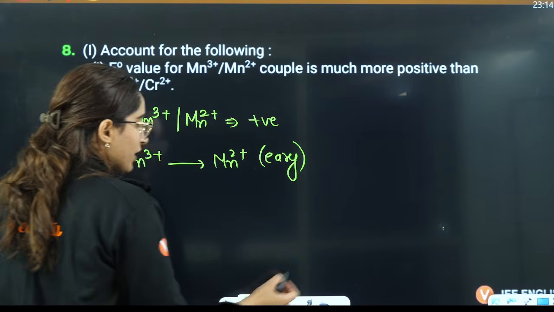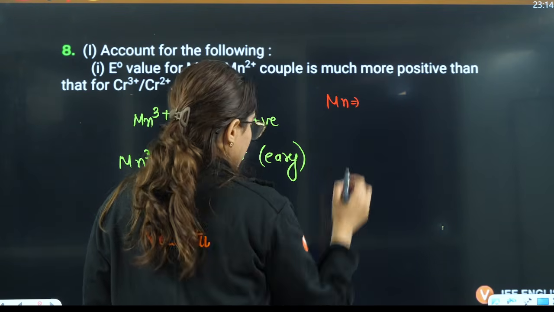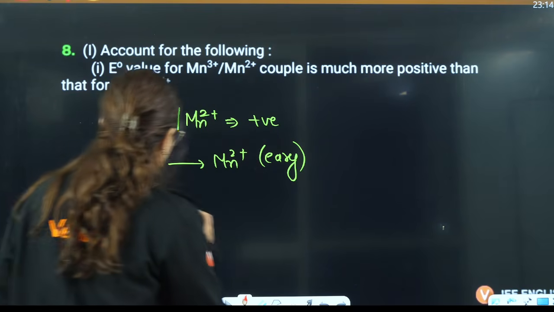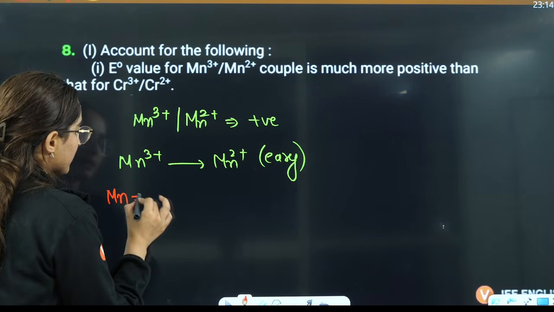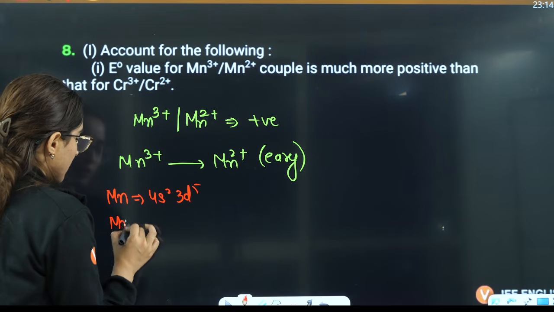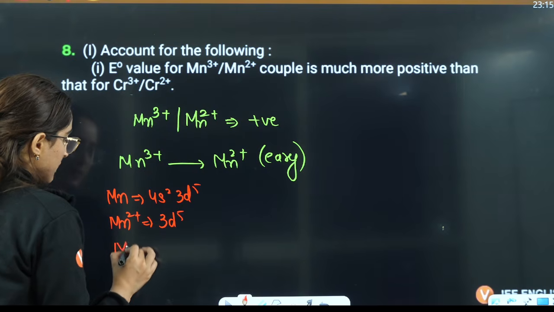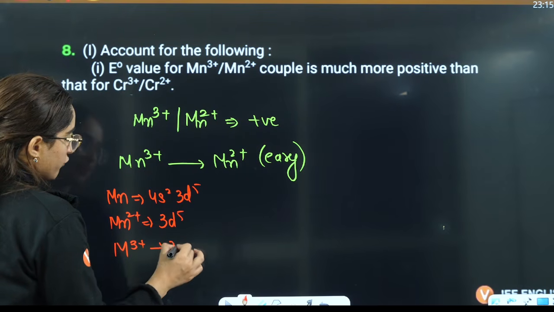Now what is Mn? Manganese is 4s2 3d5. So manganese 2 positive is 3d5, manganese 3 positive is 3d4.